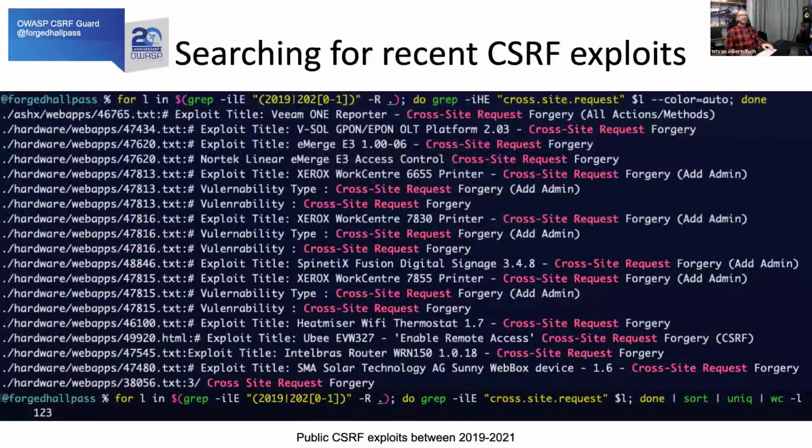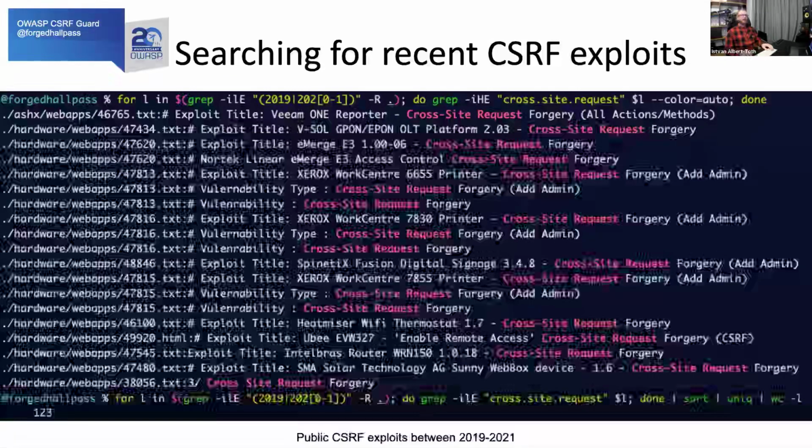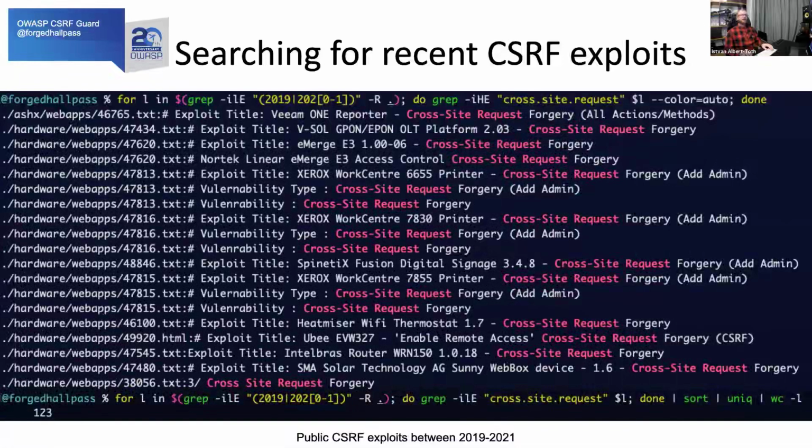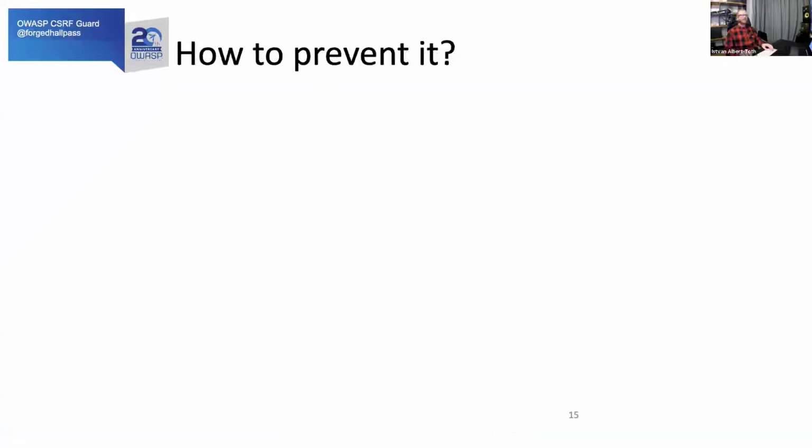It seems that based on my query, there were around 123 exploits made public on ExploitDB. So the question is how to prevent it, right?